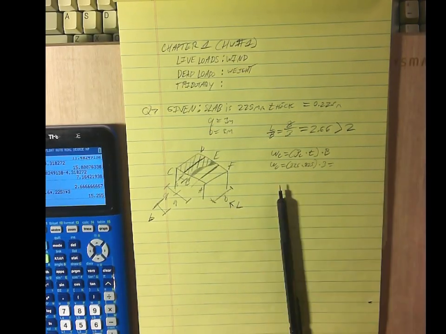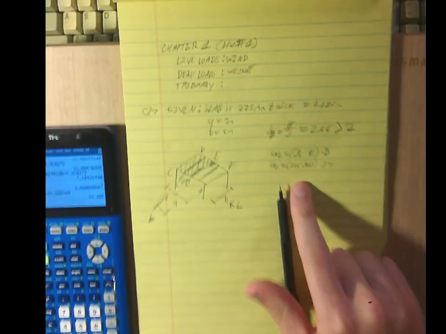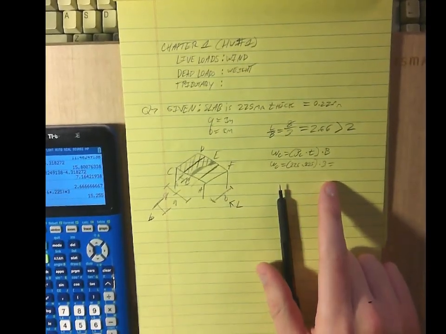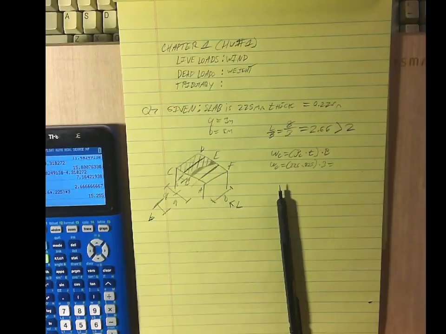No, not quite. Something's wrong here. What is the density of concrete? This is 150 pounds per foot. Kilonewtons per meter times meter.